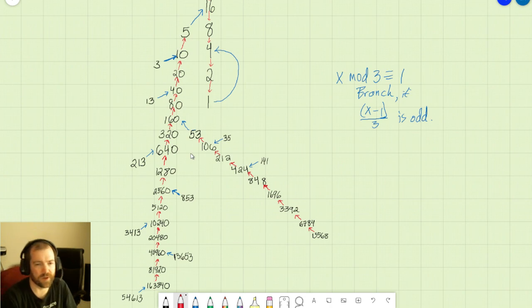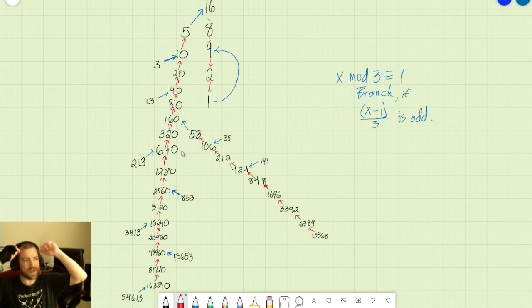So every room would be labeled with one of these numbers. I was like, let's see how this works. And oh man, it would have been pretty awful.